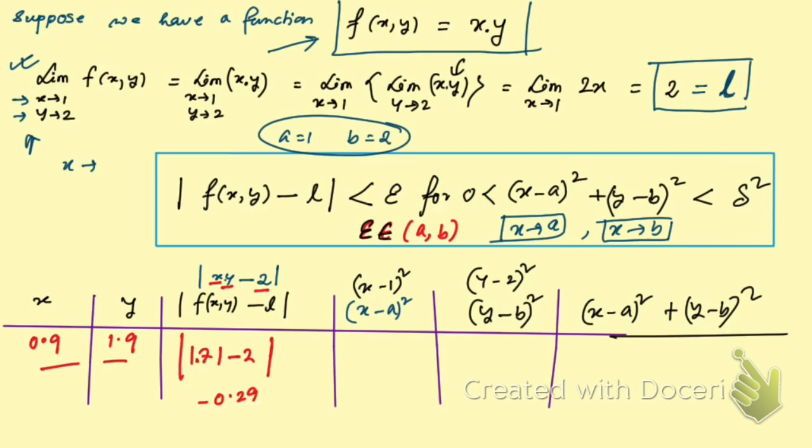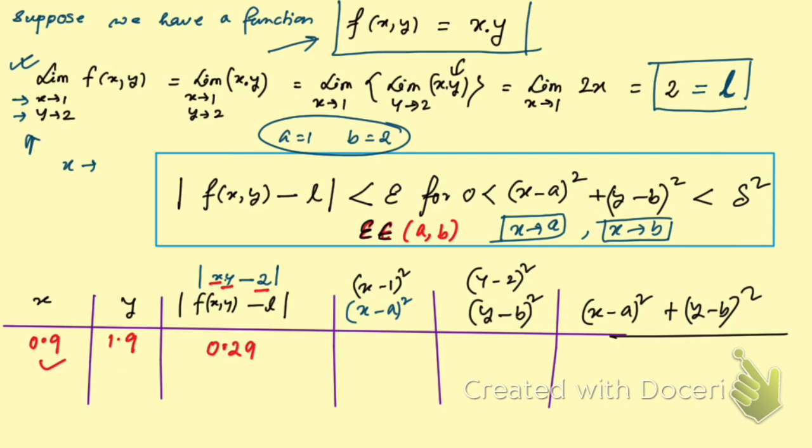As we have mod here, it's going to be positive, 0.29. So for these two values of x and y, we have got 0.29.